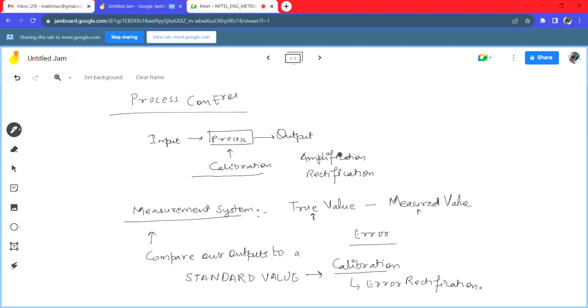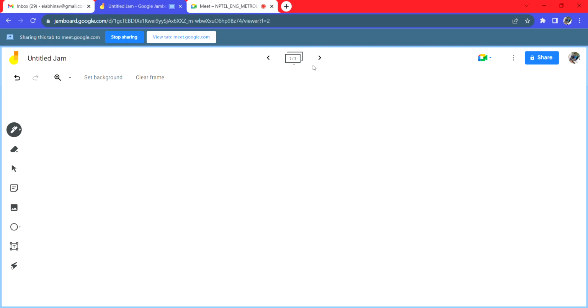Now, how do we do this? How do we design such a system that is capable of doing these processes for us inside the instrument, and how do we correlate it with errors, and how do we assure that the answer that it is giving is reliable? So the devices that are used to do this are called comparators.